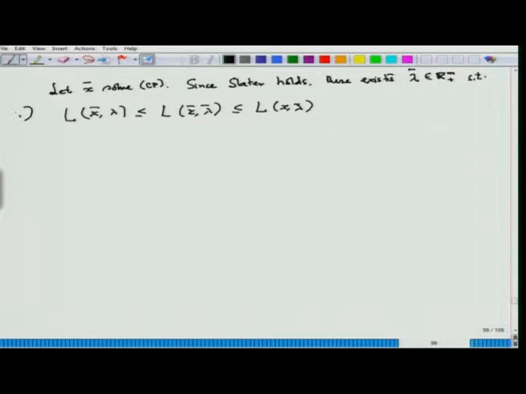This is one condition that holds true for every x in Rn and lambda element of R^m_+.